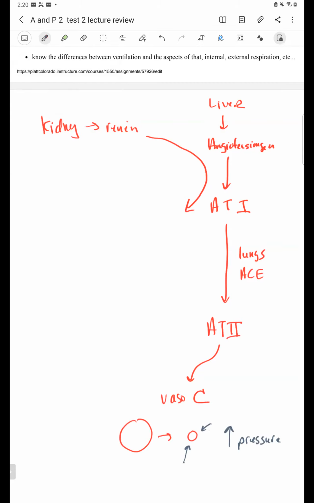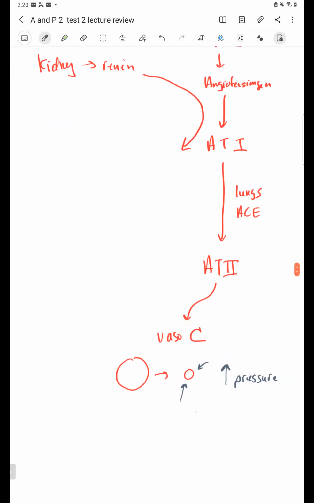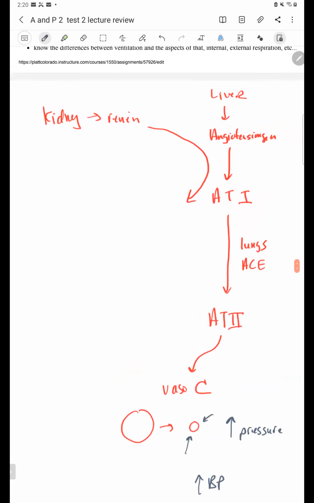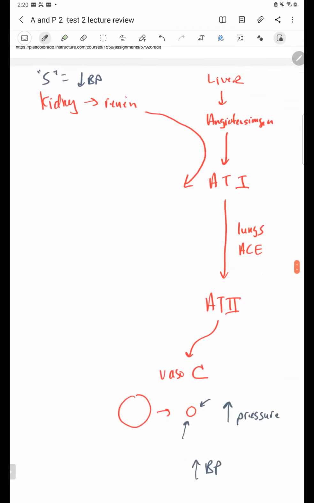When the diameter is smaller, it just takes more pressure. So the result is an increase in blood pressure. So for that to happen, the original stimulus was a drop in blood pressure. So the goal is to increase it.